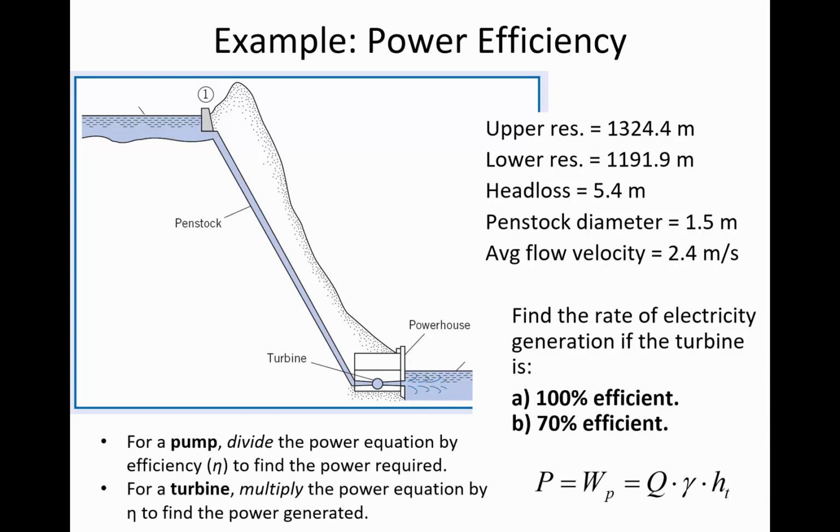But as a starting point, let's begin with 100% efficiency, and then when you get on to the second part, where we're saying what if it's just 70% efficient, then since this is a turbine, what we'll do is multiply the power that we calculate can be generated by the efficiency factor as a decimal, and then that would tell you the amount of power that can actually be generated at that lower efficiency.